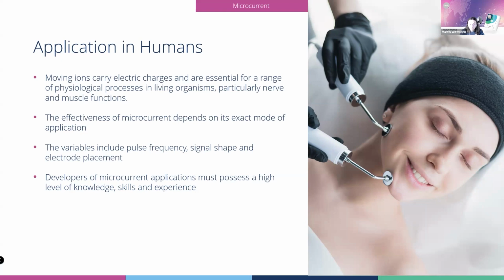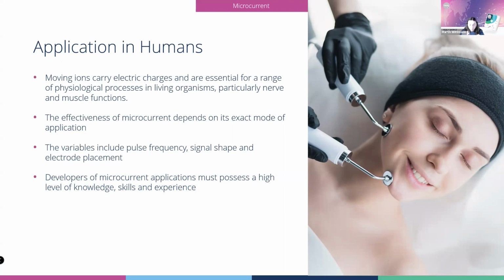So which frequency you use, which ampere you use, so how high the level of the current is, and of course, how long you apply the current, and if you're using a sine wave, rectangular, or any other form of application.